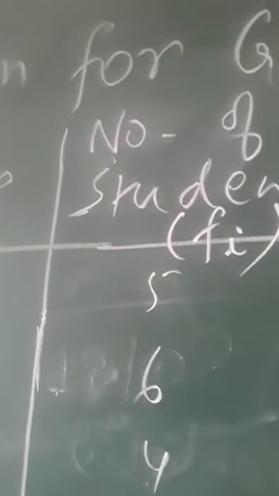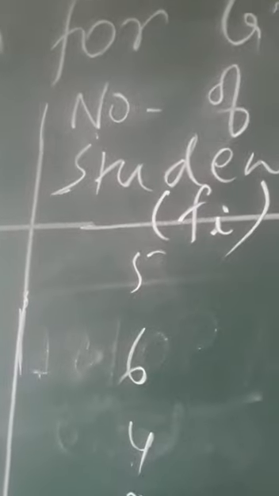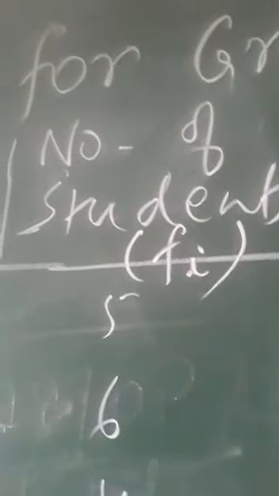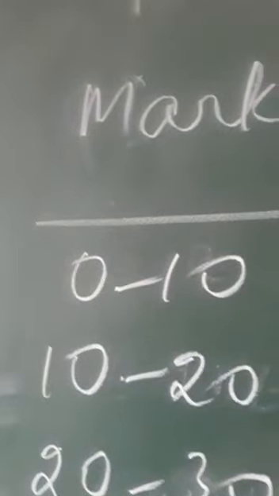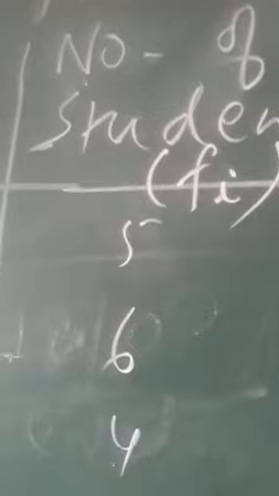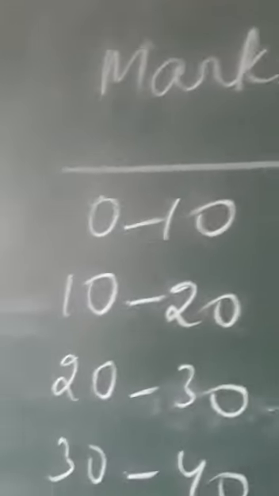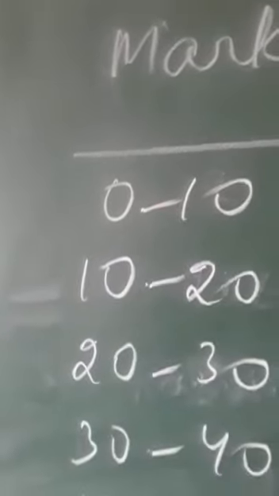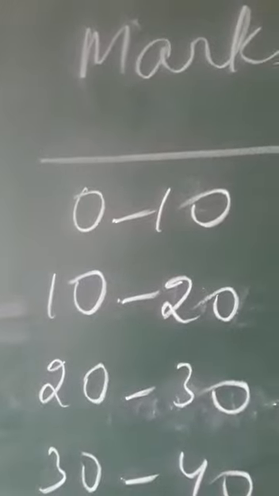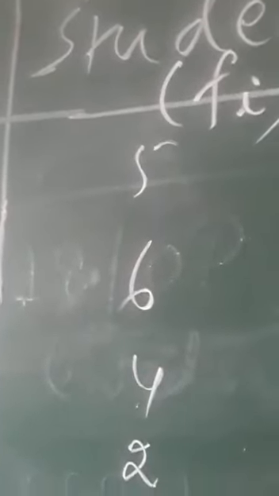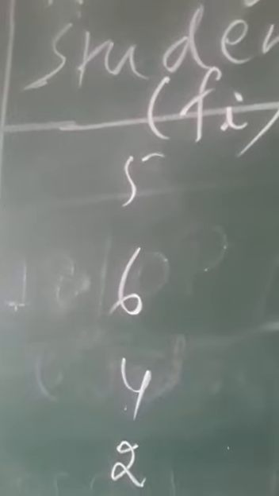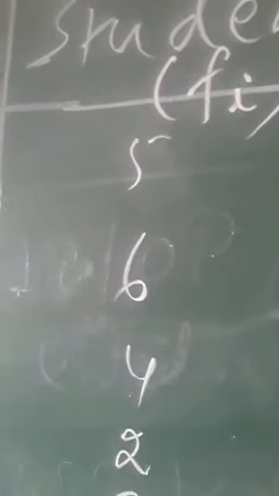So it is the frequency of 0 to 10, which we have taken as number of students. In the group of 10 to 20, we are having 6 students. It is the frequency of the group 10 to 20. The next group is 20 to 30 and its corresponding number of students placed in the marks between 20 to 30 is 4.